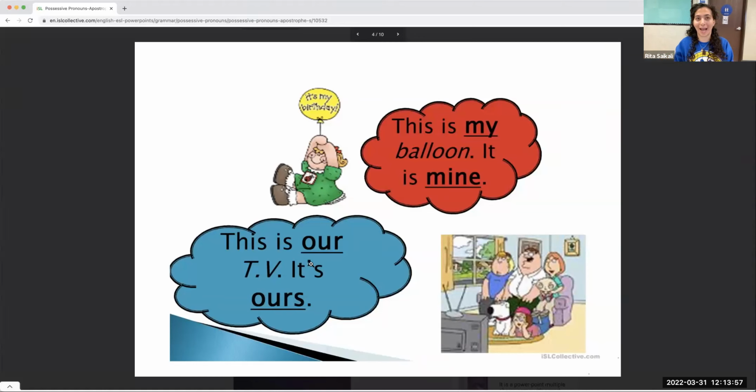It is mine. So no adjective, so no noun, because a possessive pronoun, just like I, you, he, she, it, they, take away the noun. Because they're pronouns, the possessive pronoun also replaces the noun.